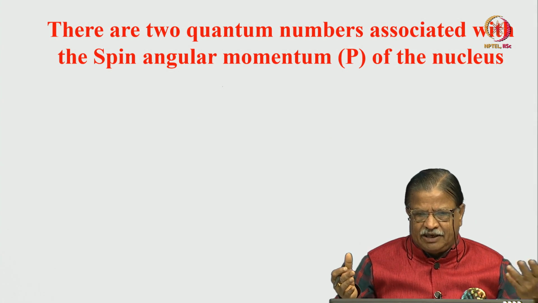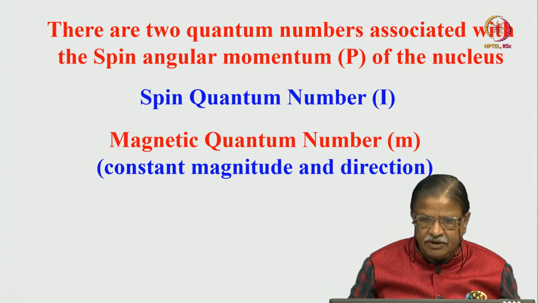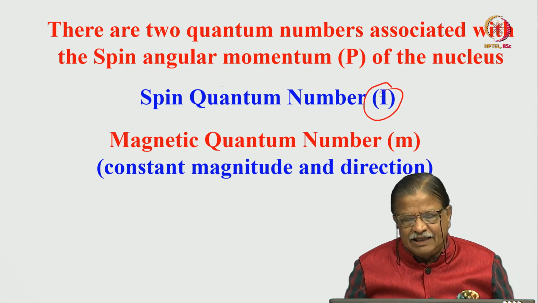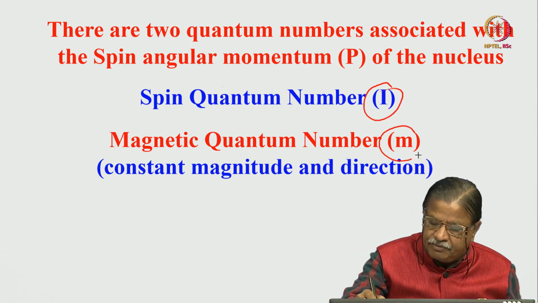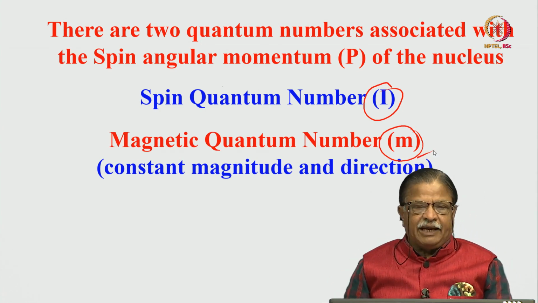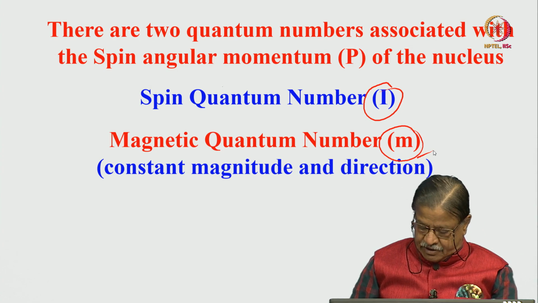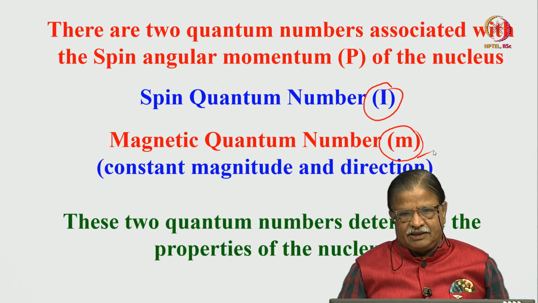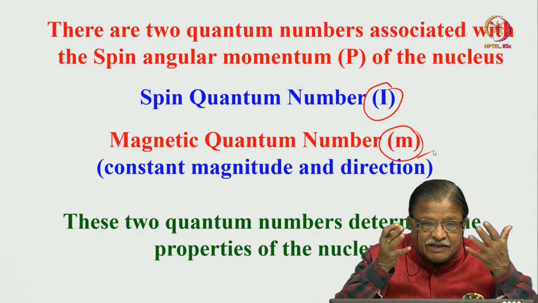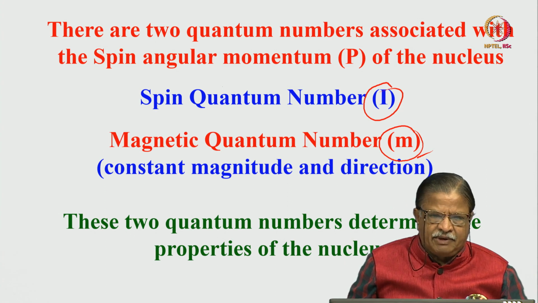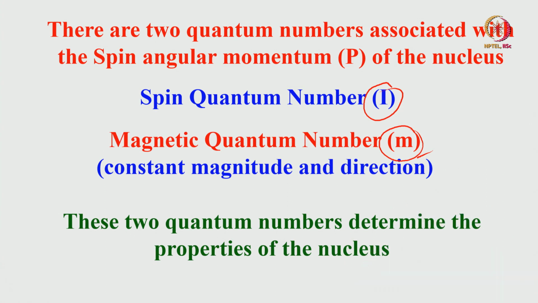One is the spin quantum number I, the other is the magnetic quantum number. This magnetic quantum number has constant magnitude and direction. These 2 are very important, and these 2 quantum numbers will determine the properties of the nucleus.